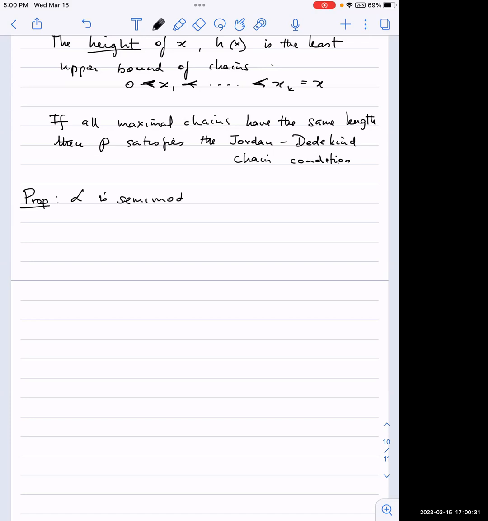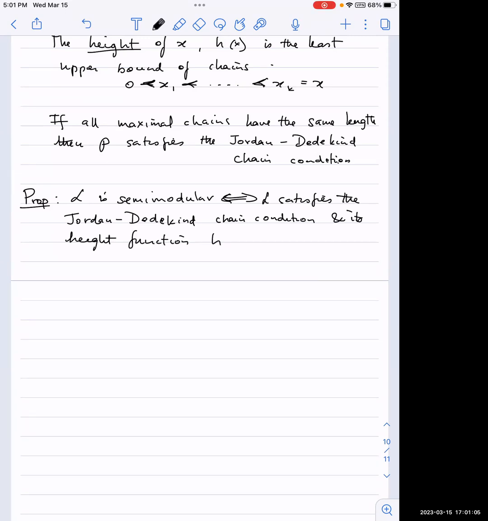This is the subclass where you have matroids, if and only if L satisfies the Jordan-Dedekind chain condition, and its height function H is semi-modular, right? That part is the same.